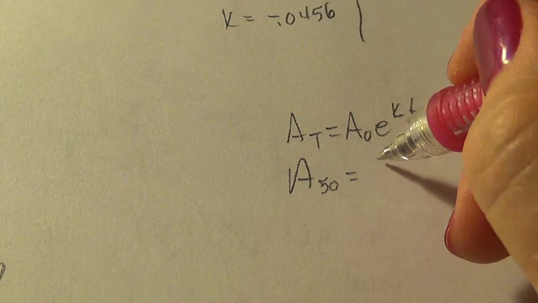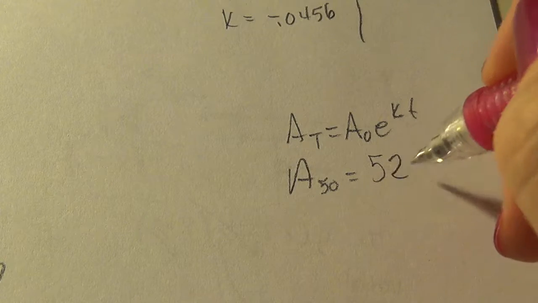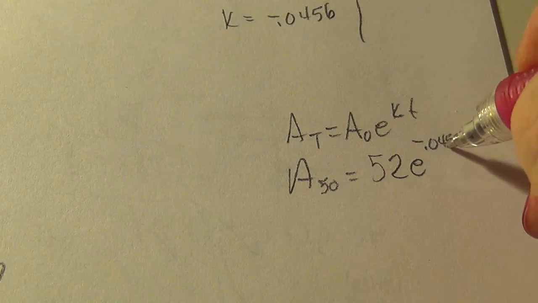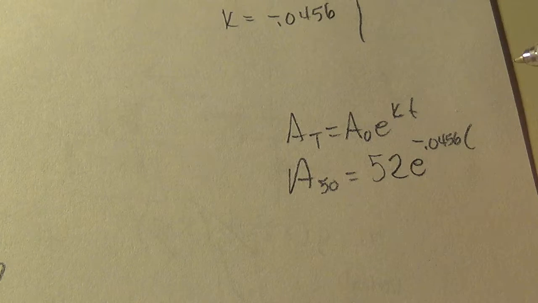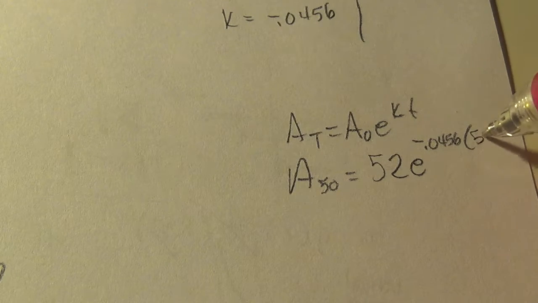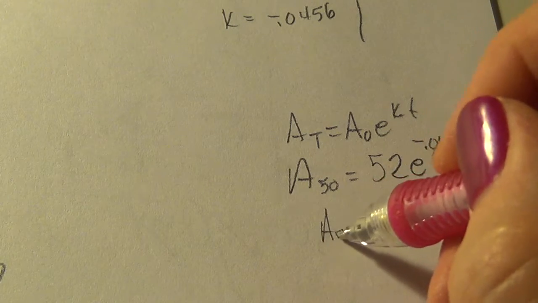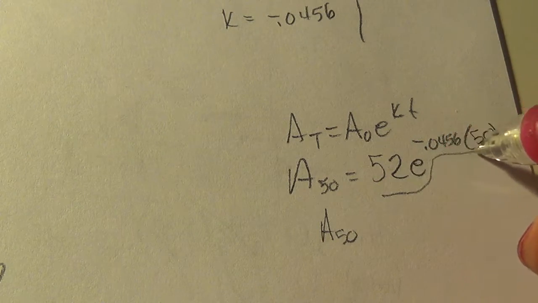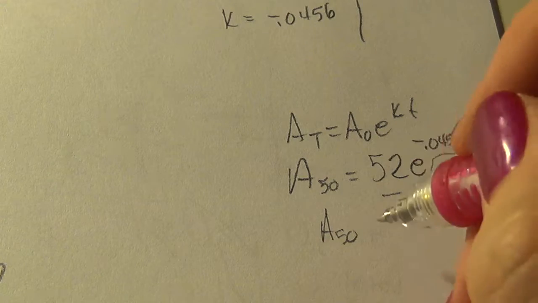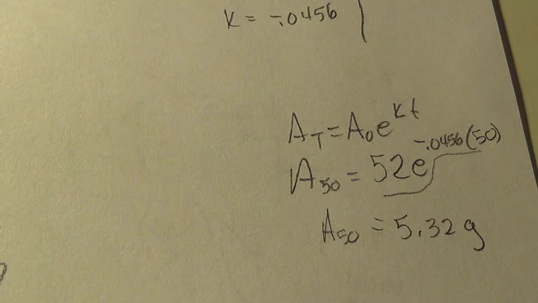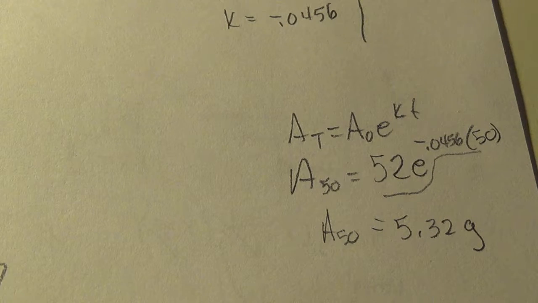And the amount when we started was 52. e to the k, which was negative 0.0456 times years, 50. So this is just tap it out, and once we put this in our calculator, we'll get, there's only 5.32 grams left after 50 years.